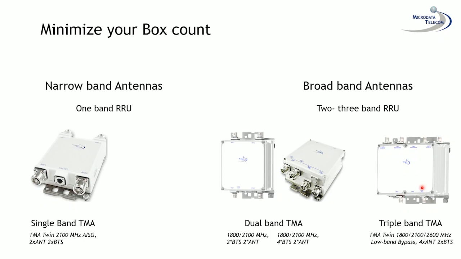You can also get a triple band TMA with, in this case, 2 connectors down and 4 connectors up. So whatever configuration, I would be surprised if Microdata cannot support you a multi-band TMA that will fit your purpose.